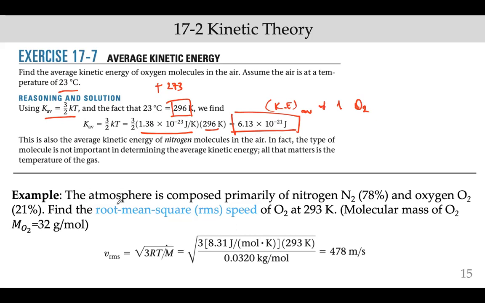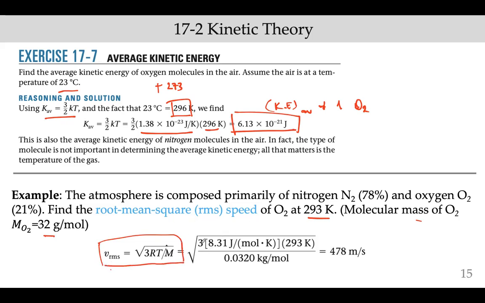Okay, another example here. The atmosphere is composed primarily of nitrogen, 78%, and oxygen, 21%. Find the RMS speed of oxygen at 293 kelvins. So the molecular mass of oxygen is given. Again, for this one, we will use the formula that we derived.